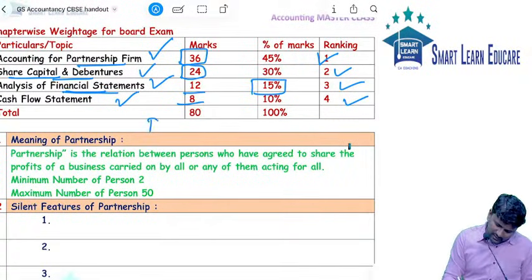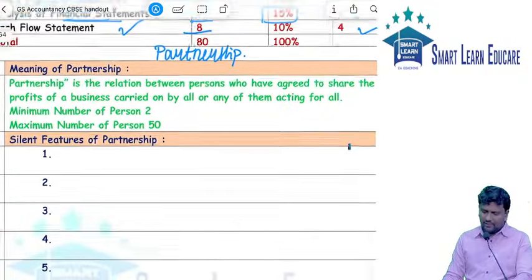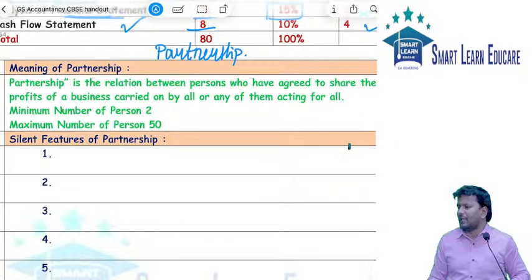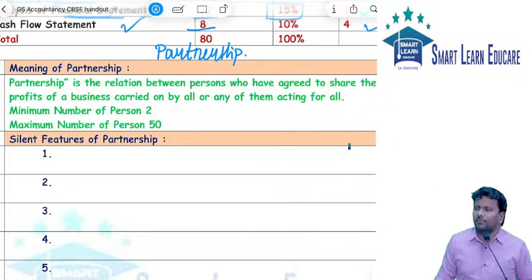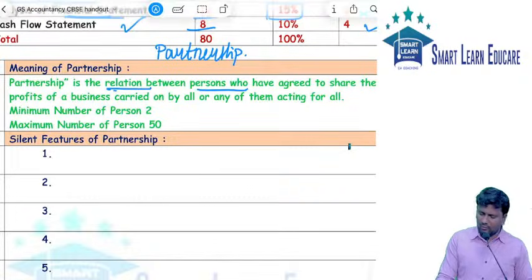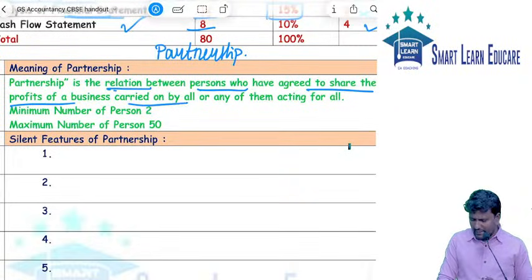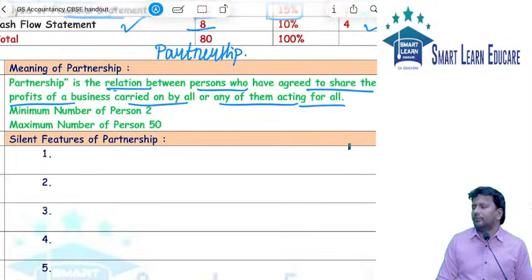In this partnership we will have many concepts. First one, definition of partnership. What do you mean by partnership? Partnership is a relationship between two or more persons who agreed to share the profits of the business, carried on by all or any one of them acting for all.